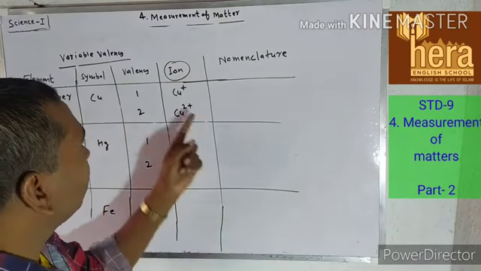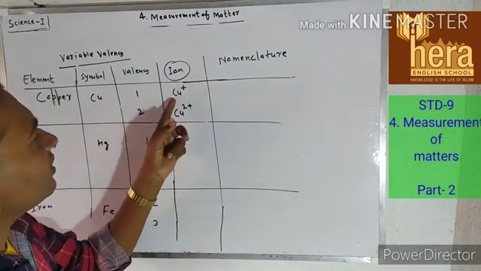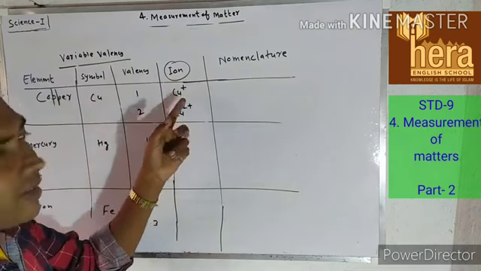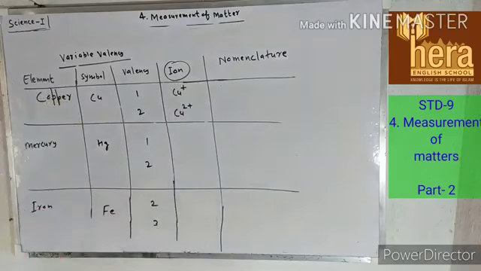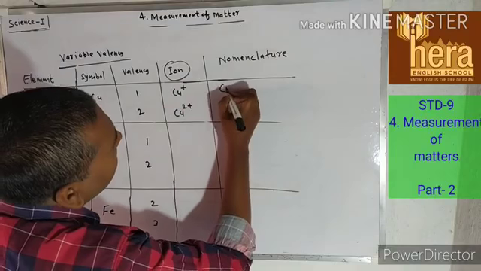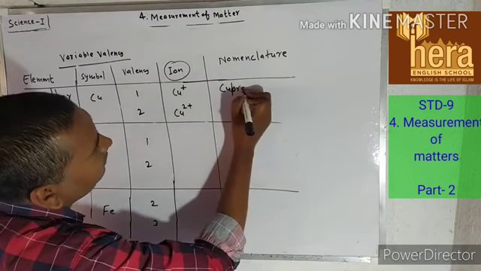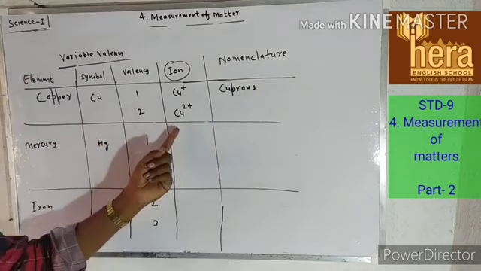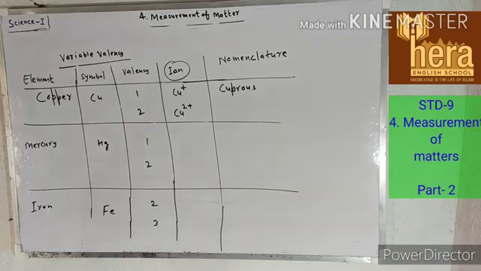Okay. So its nomenclature is, if there is a 1 plus charge, it is called cuprous. Cu2 plus, this ion is called cupric.